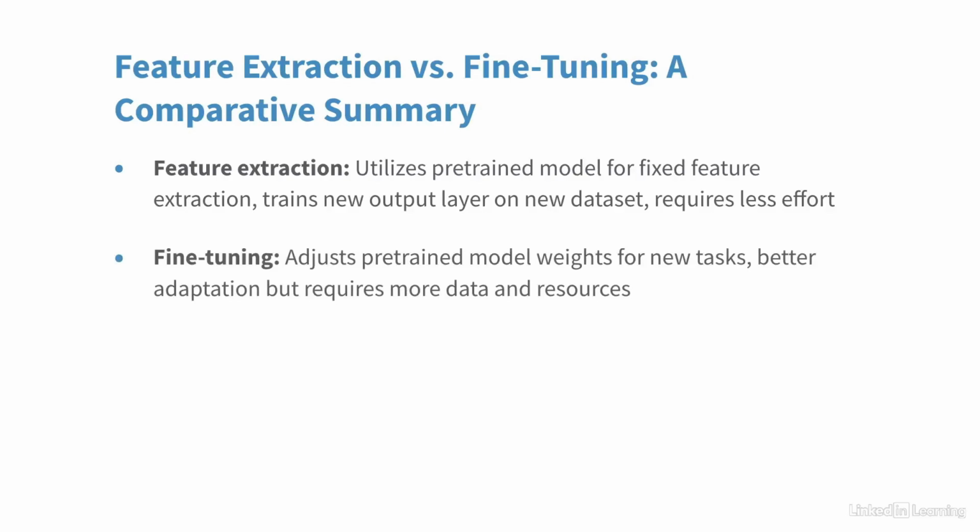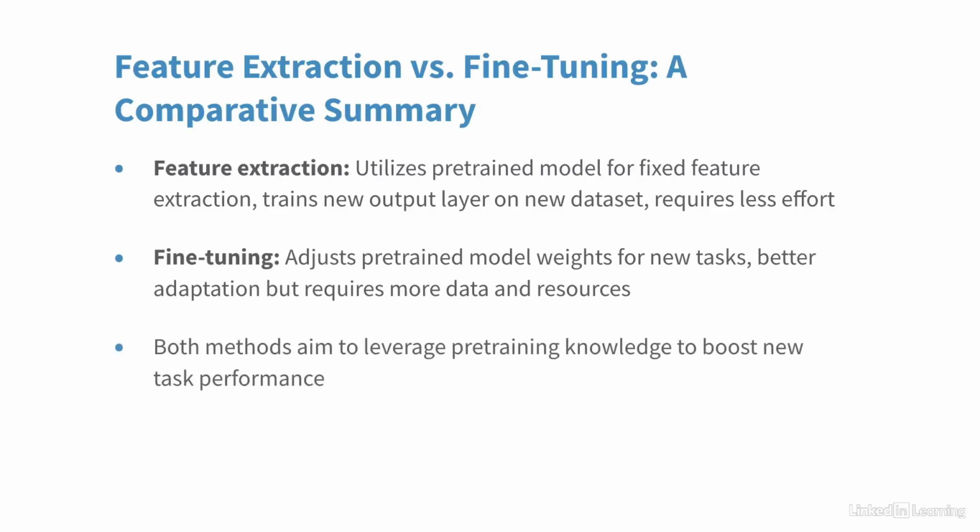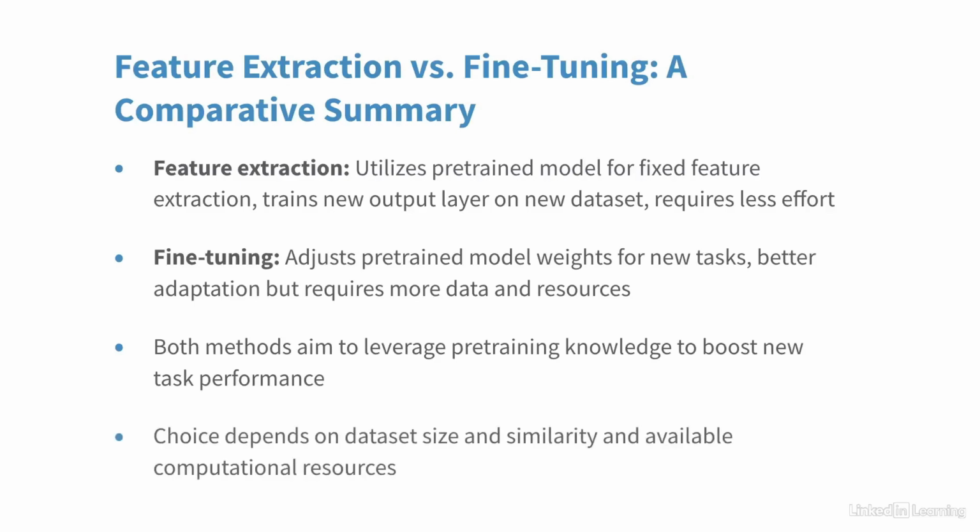The learning rate controls the amount of change to the pre-trained layers. Fine-tuning does require more data and resources, but helps the model adapt better to a new task, especially if it's different from the original one. And the choice between feature extraction and fine-tuning often depends on factors like the size and similarity of the new dataset relative to the original training data and the computational resources that are available to you.